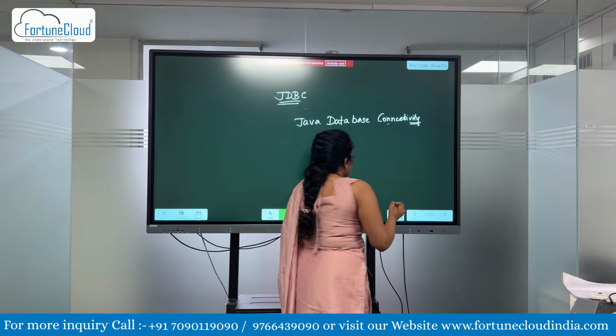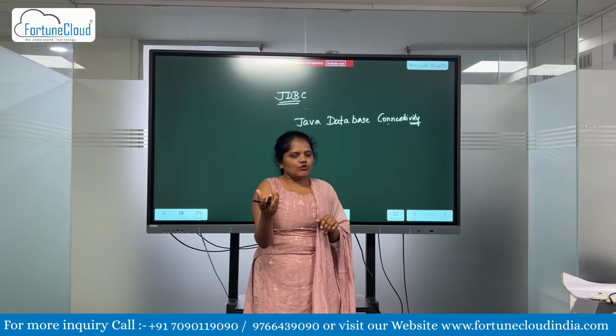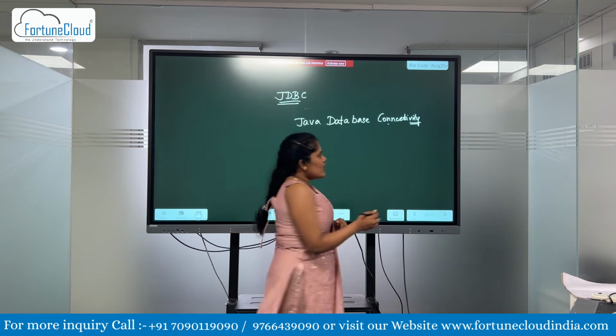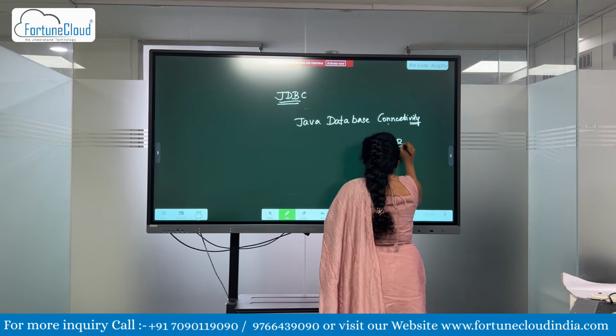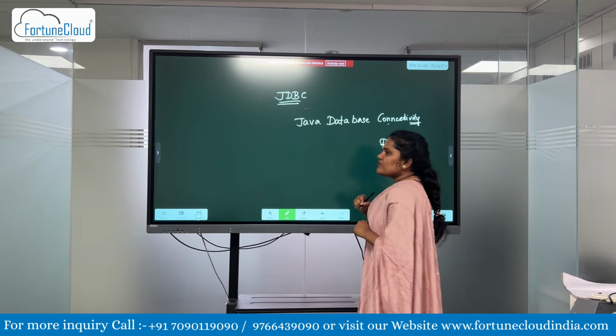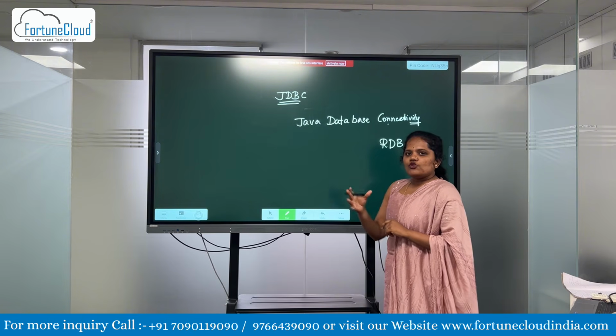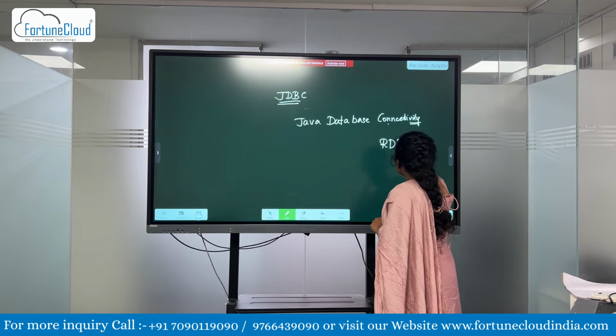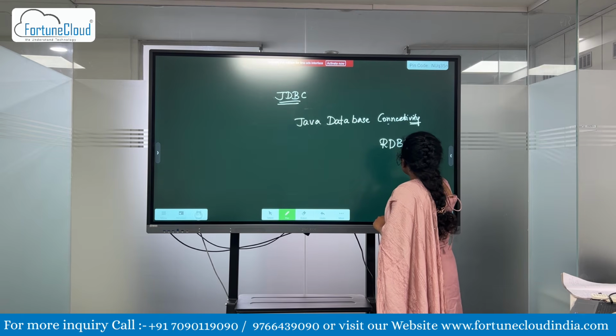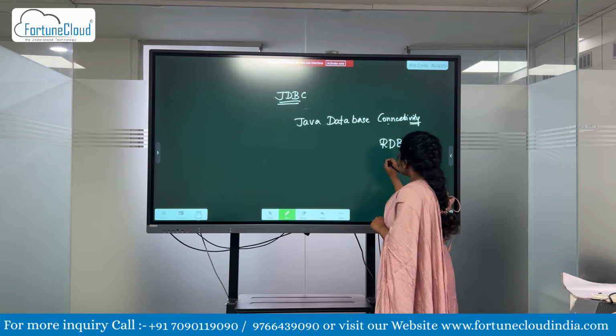So mainly, we have two different types of database, as we know. One is the relational database, RDB, and the software which we use to interact with an RDB is a relational database management system.